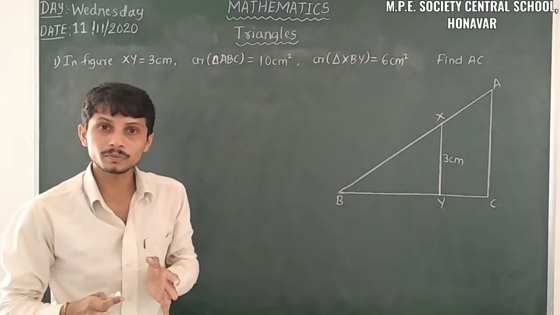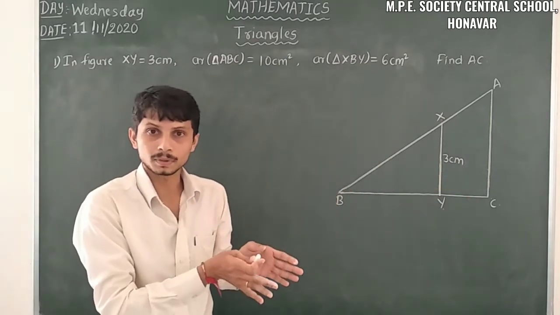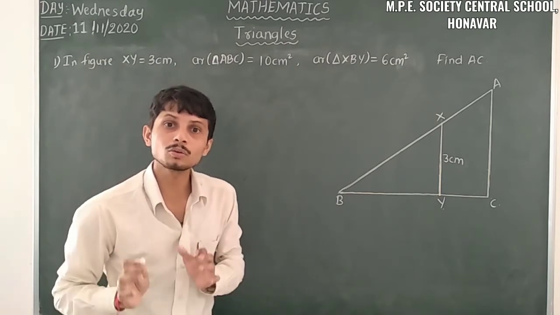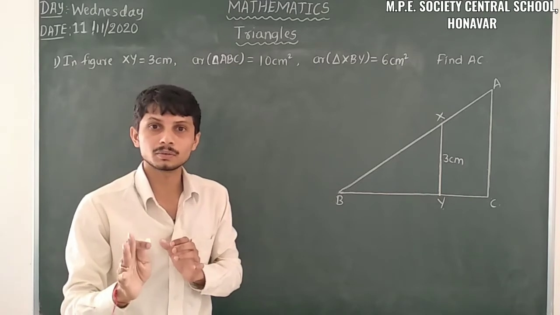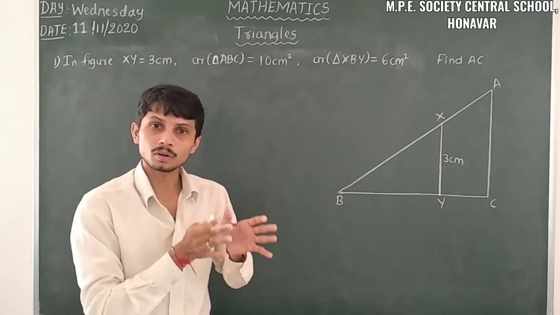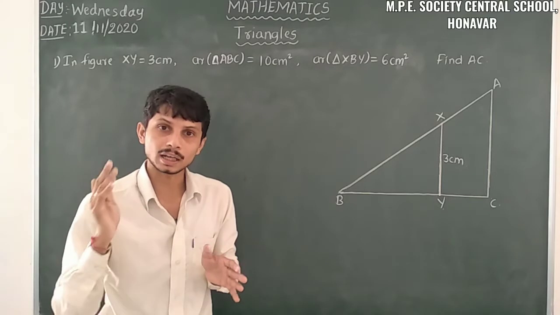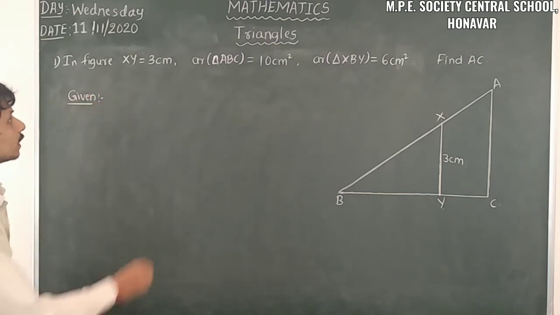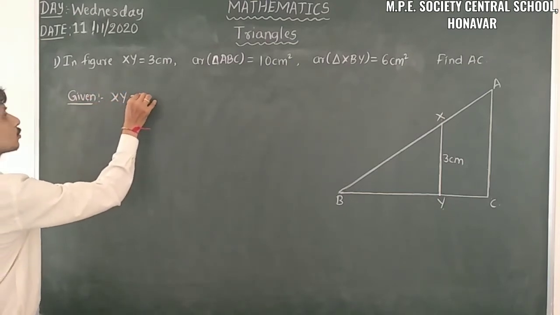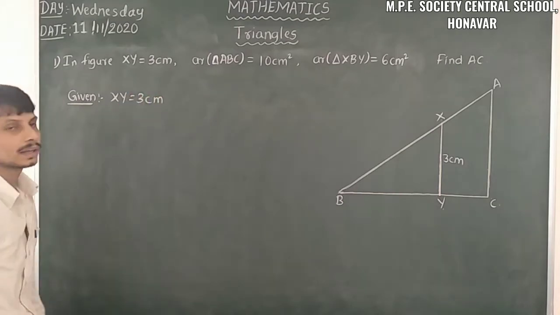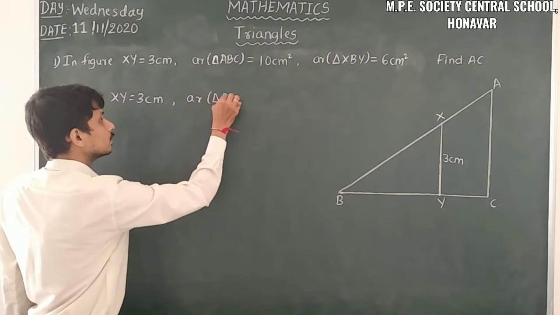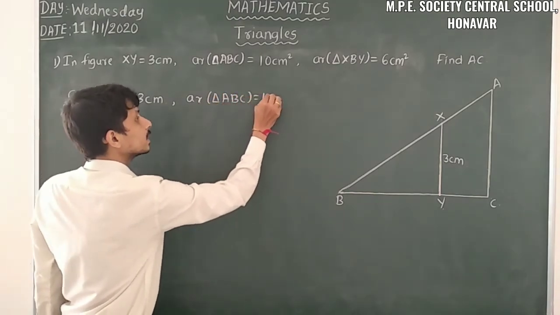Whatever the problem we have in the question paper, when we start answering the question, you have to write the given first, so the examiner or evaluators can easily analyze your answer. So firstly, given: XY is equal to 3 cm. Then area of triangle ABC is equal to 10 cm square.